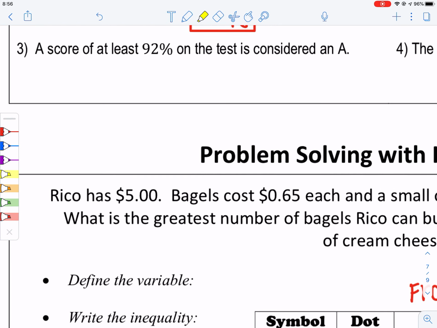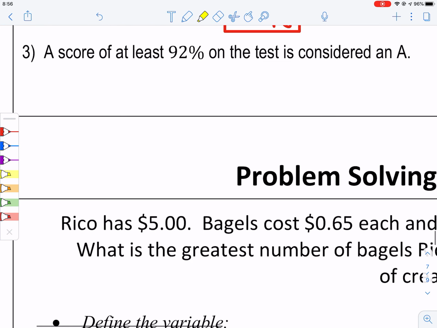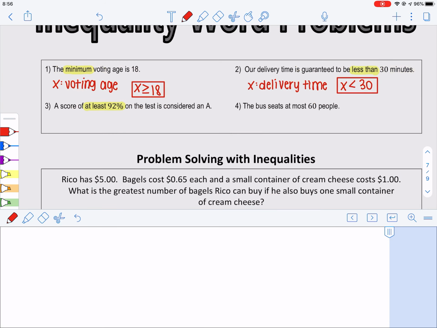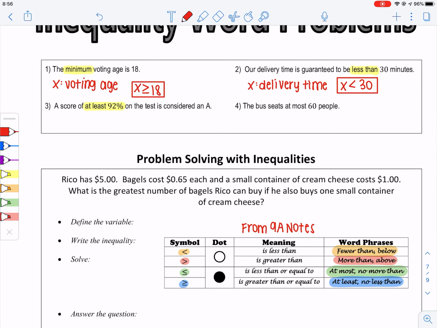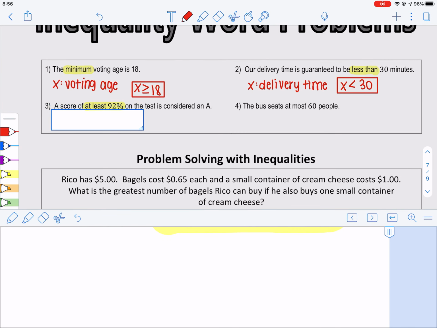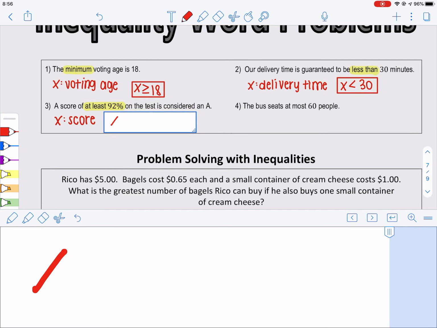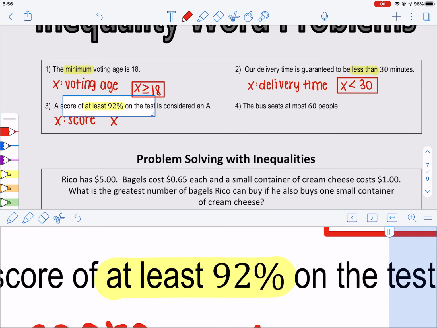Okay, let's try another one. A score of at least 92% on the test is considered an A. So let's name a variable. I'll say X, and this is going to be the score on the test. So X is your score. We're always going to put our variable first. And then it says at least 92.